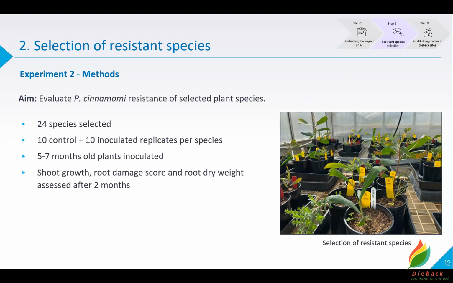I also included a few non-susceptible species as positive controls. I inoculated these plants when they were 5 to 7 months old, and left them with the pathogen for 2 months. After 2 months, I assessed shoot growth, root damage, and root dry weight.